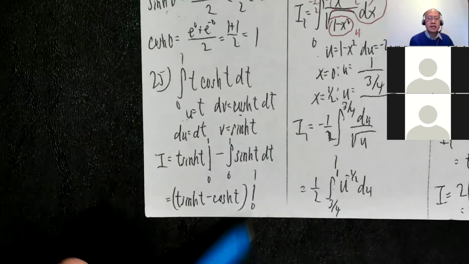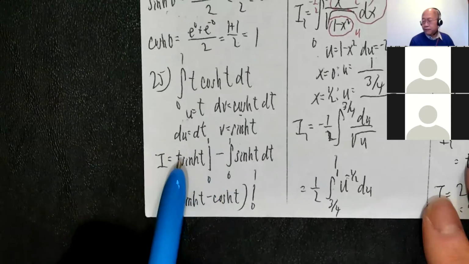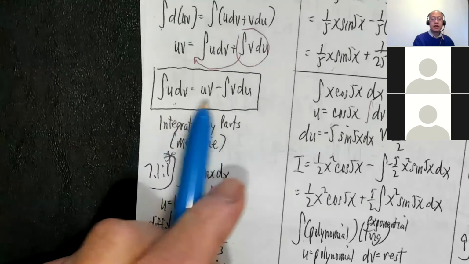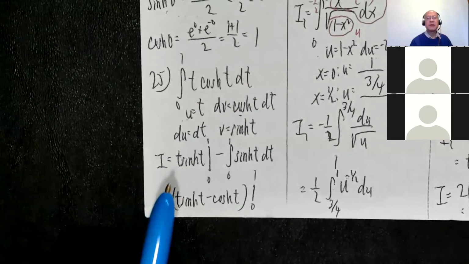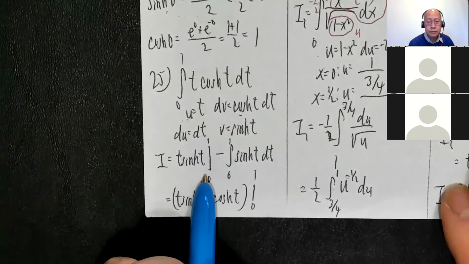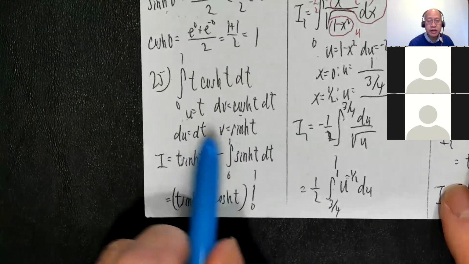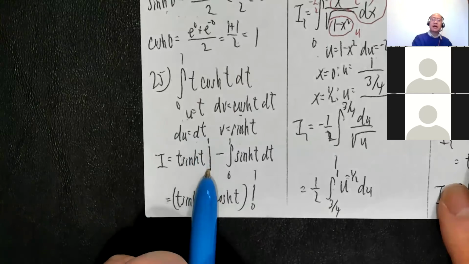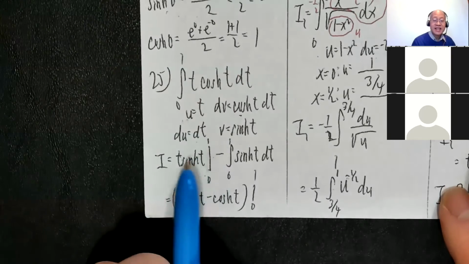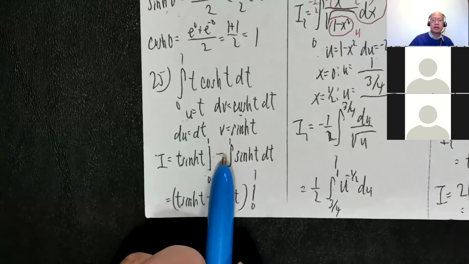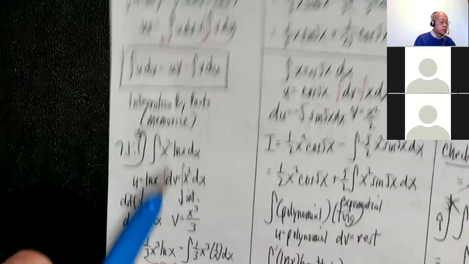Okay, now, this is just a little bit different. By formula, I do the uv part. Difference is that this time it's a definite integral, so I'm supposed to put 0 to 1 here. u times v, t sinh t from 0 to 1. Put this outside again on the right-hand side. This part we haven't finished integrating yet, so I leave it inside. Minus the integral of v du.